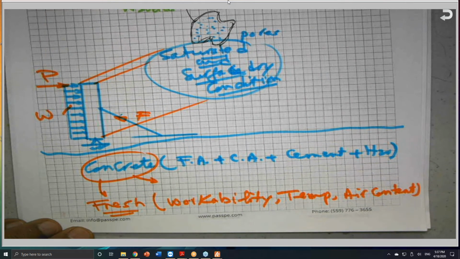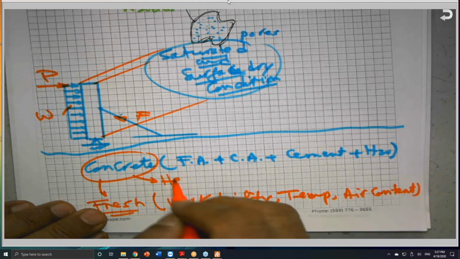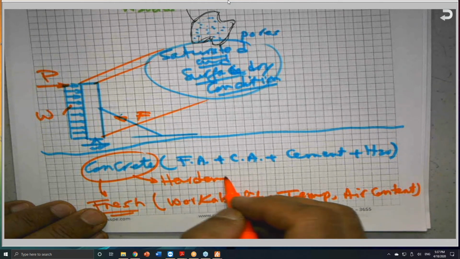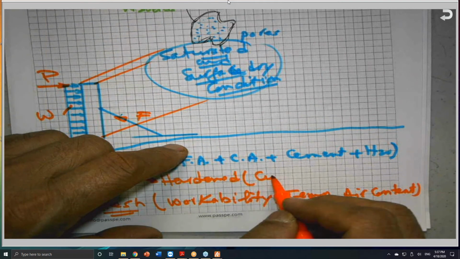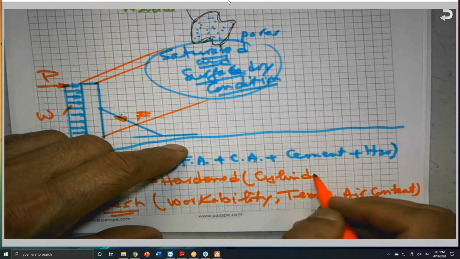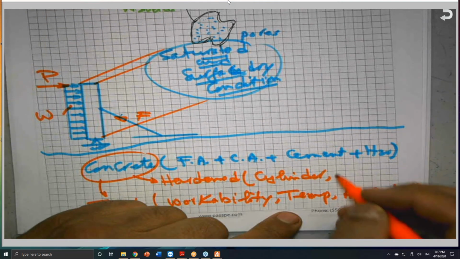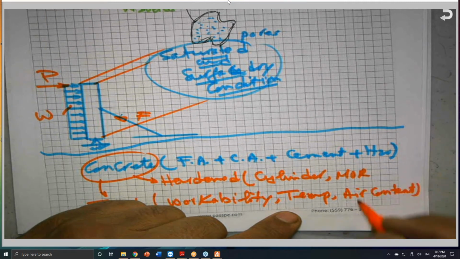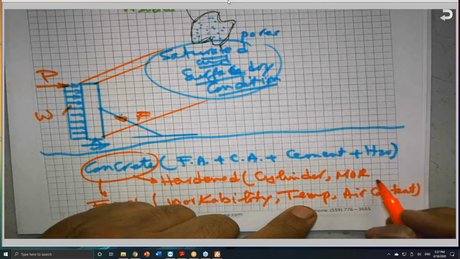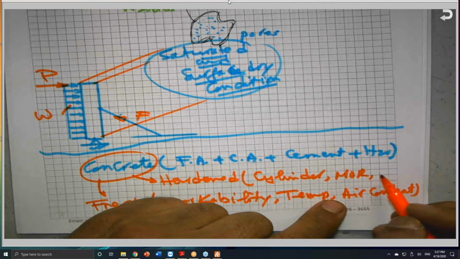But when the concrete is hard, we test the cylinder to get the compressive strength, and the beam test, which is the modulus of rupture, and another test called the splitting test.